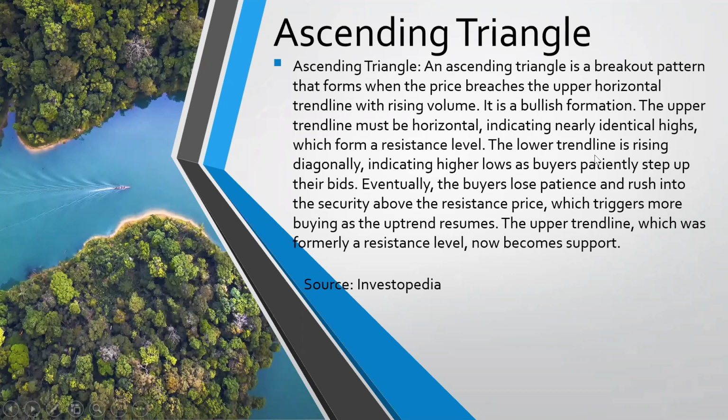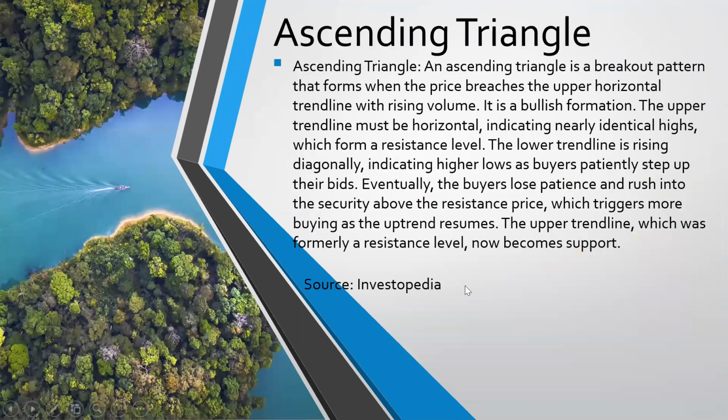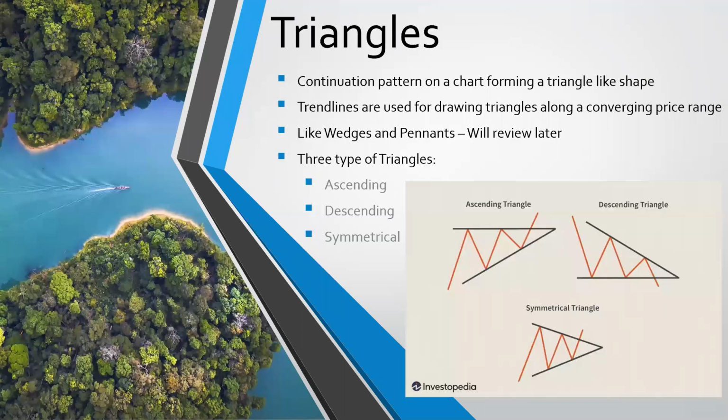The lower trend line is this. It is indicating higher lows. Higher lows means it's still low compared to this, but it's higher than the previous one. These are lower lows, lower highs.